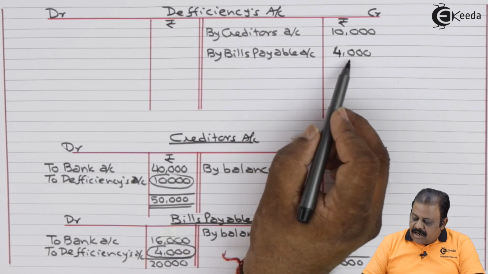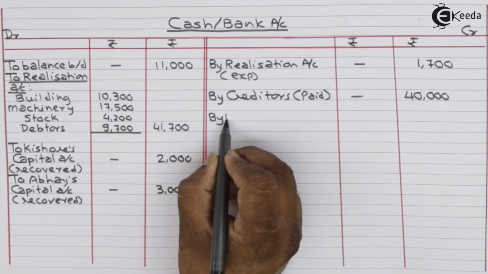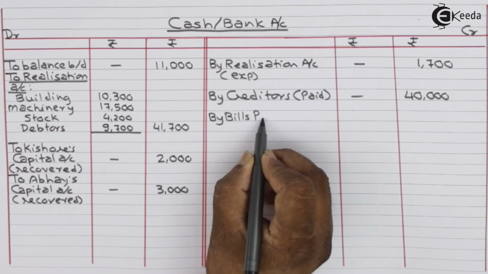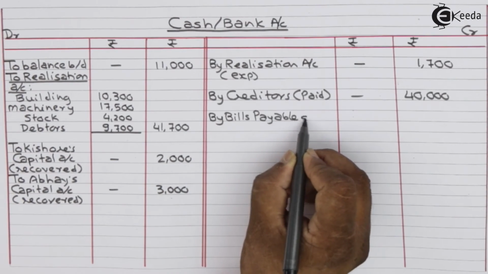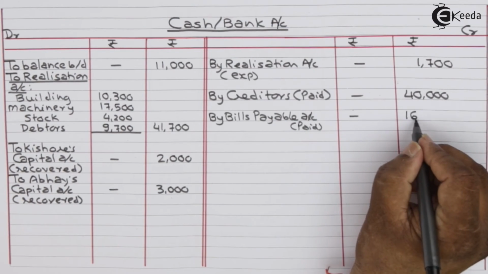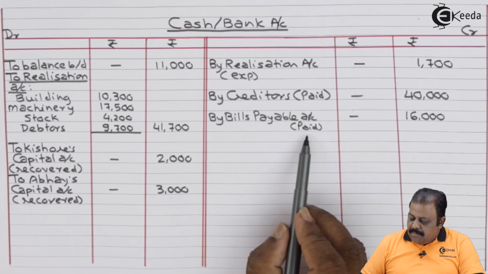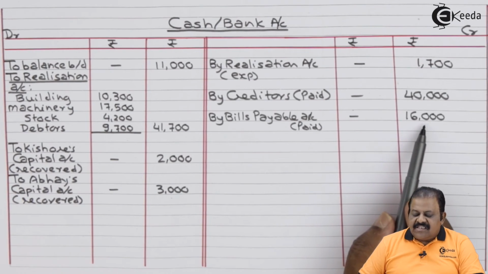By bills payable account 4,000. Amount paid 16,000 will be credited to cash bank account. Cash bank account credit side by bills payable account for amount paid 16,000.